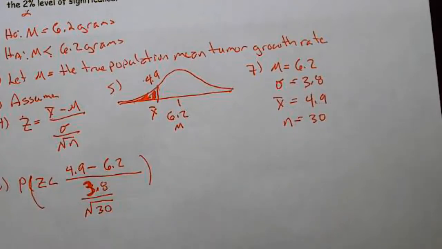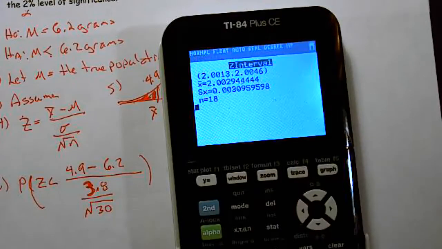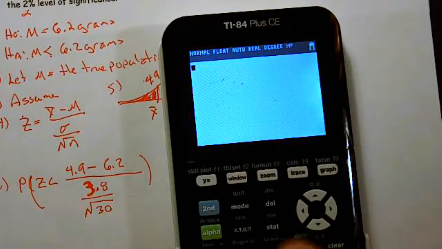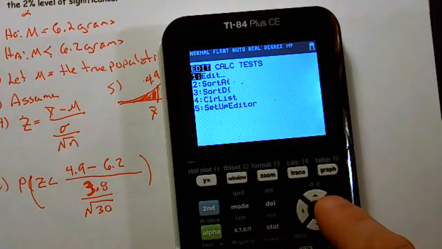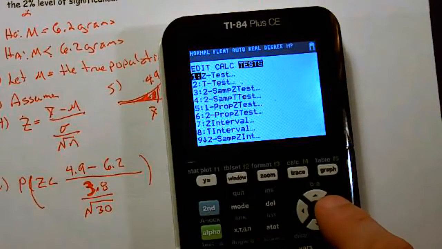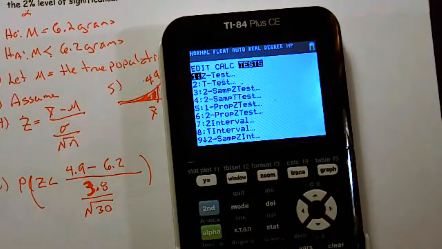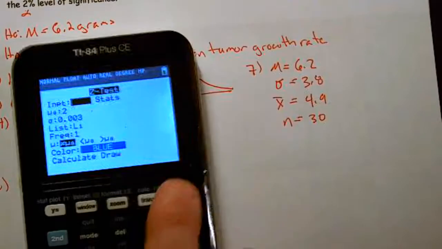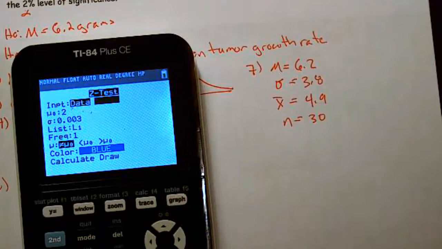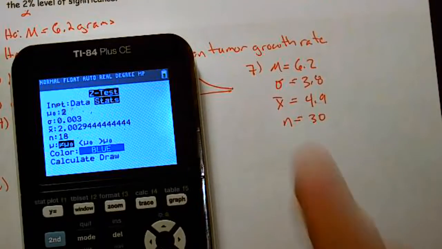So we're going to plug that into the calculator, and we're going to do that by going to stat, arrow over to test. Happens to be the Z test, so it's the very first one. I need to arrow over so that stats is highlighted because I'm working with statistics, not data. My mean, 6.2.